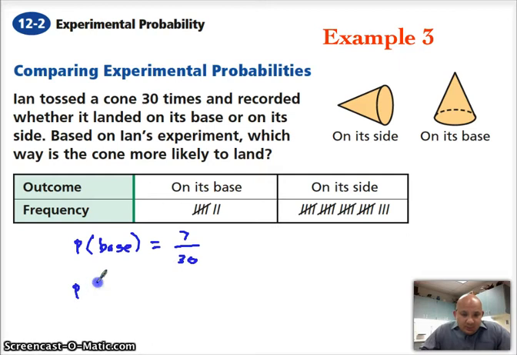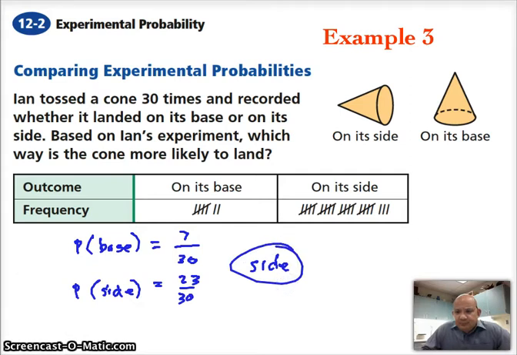And the probability of landing on its side is 23 times, 23 out of 30. Going back to the question, it says, based on Ian's experiment, which way is the cone more likely to land? Well, based on this, it's going to land more than likely on its side. So I'm going to write down side, circle it. That's our last example, and now it's your turn.